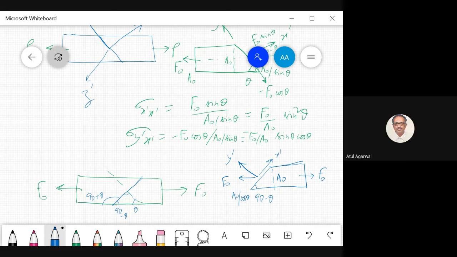This is 90 minus theta, so this becomes 90 minus theta, and this becomes theta. All right. So what is my normal component of the force? F naught cos theta. And what is my tangential component? F naught sin theta.